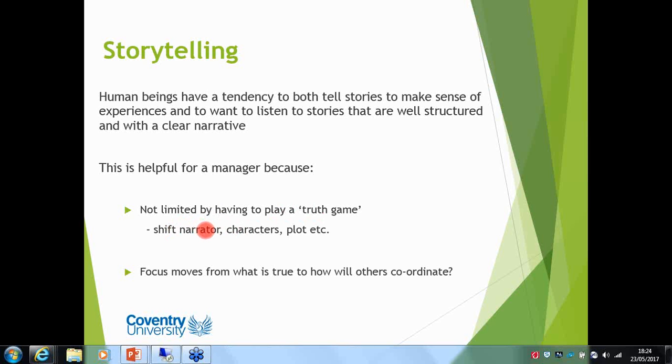And I found this really helpful, because it means that you can make sense of relationships with colleagues, no matter how difficult they appear to be, and find ways of moving on. For me, the focus has moved on from what is true, who's telling the truth, whose fault was it, to how are we going to coordinate here, how are we going to move on, how are we going to make this work.